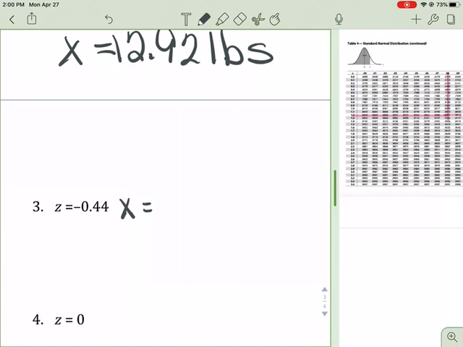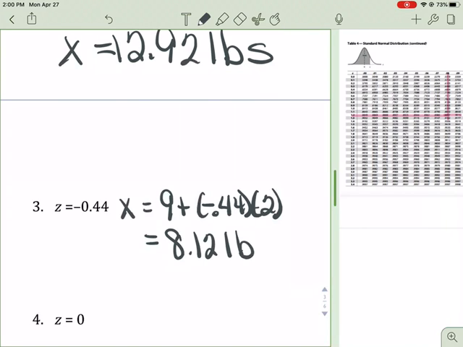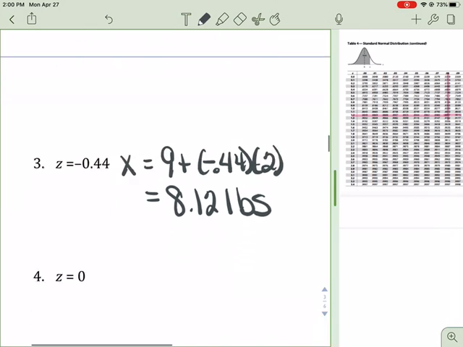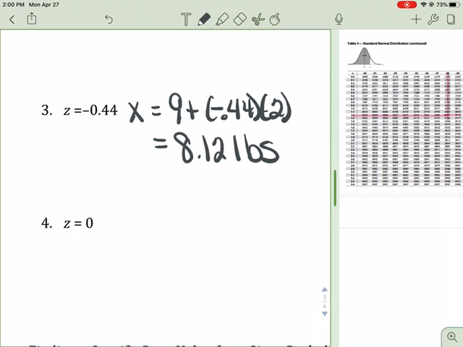So we're going to do x equals 9 plus negative 0.44 times 2. I get 8.12 pounds. So our cat is smaller than the average, which makes sense because the z-score is negative, which means it's below the mean. Here our z is 0. So right away we know that it's going to be the average, which is 9 pounds.